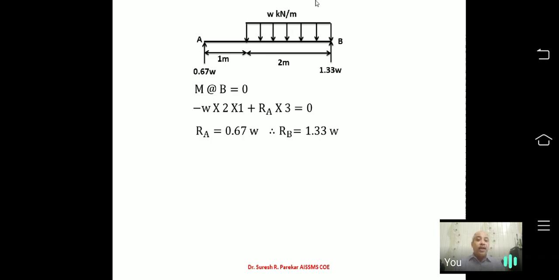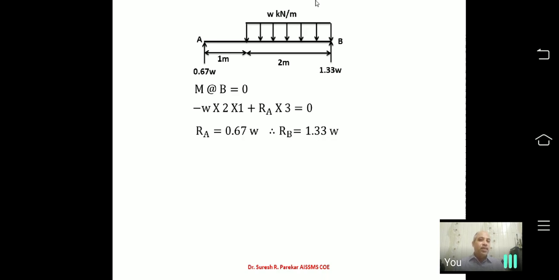Now we have to find the maximum bending moment and where it acts. The maximum bending moment will act where the shear force is 0. I need not actually plot the shear force diagram. I can come from the right side or from the left side. It is easy from the right side, because we have 1.33 W as the reaction, and W is the UDL.